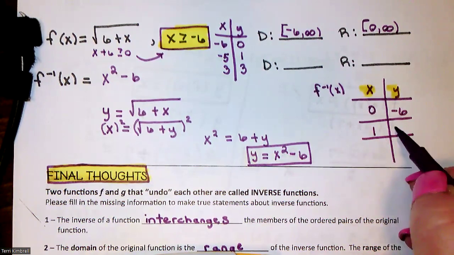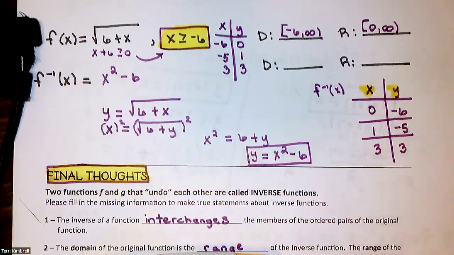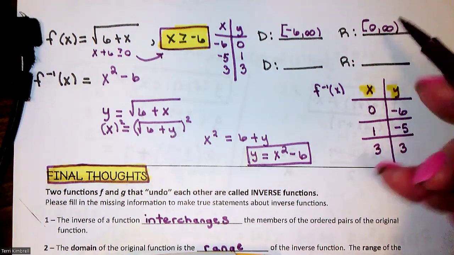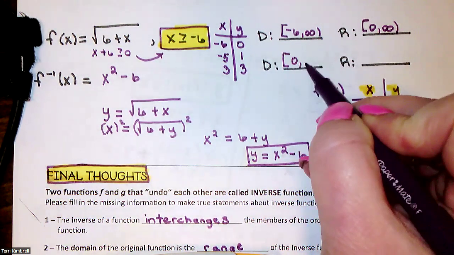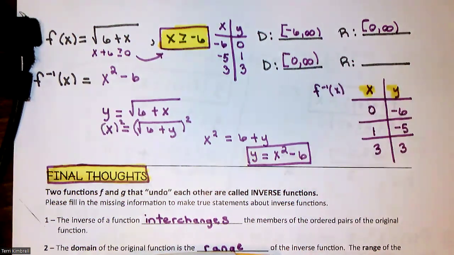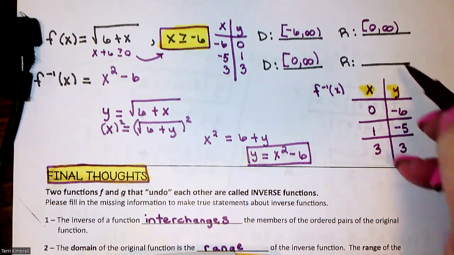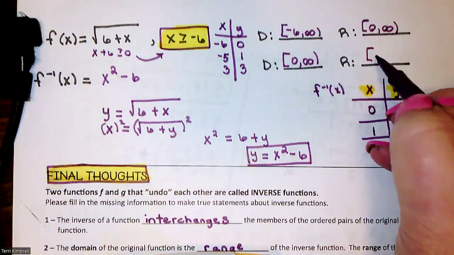I'm going to have 1, -5, and 3, 3. Okay, and so you can see what's happening here is my domain is now going to be the range of the other one. And my range is now going to be the domain of the other one.